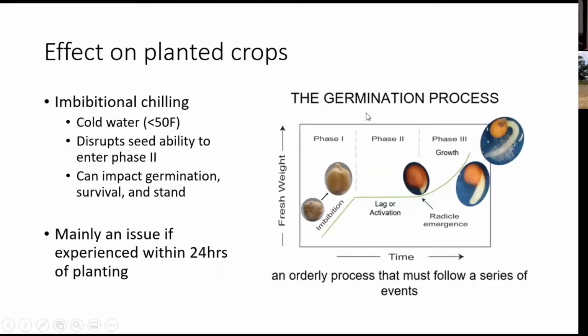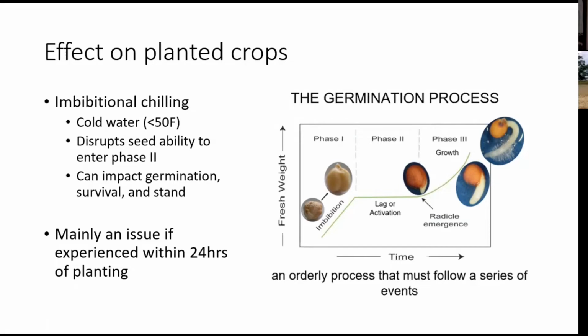So I have this here. I teach our seed science class at Ohio State, and so my students have seen this every fall. But basically this is broken down into 3 phases. We have our first phase, which is the imbibition phase. It's a physically driven process in which the seed absorbs water. Dead seed can imbibe.